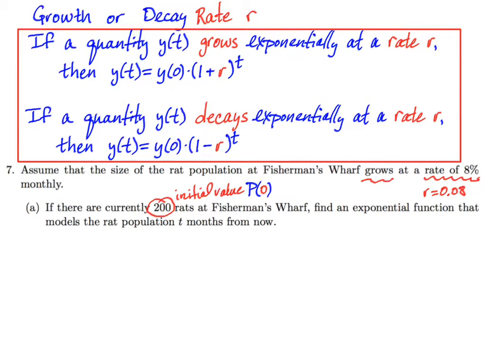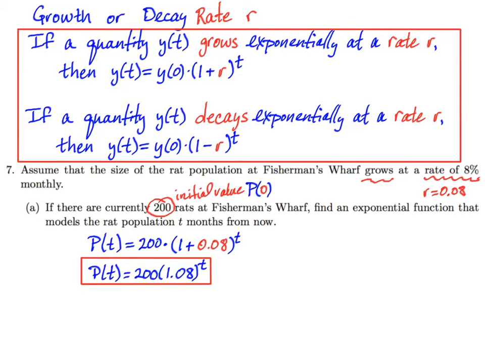So 8% is 0.08. So we can write down P of t is equal to the initial population, 200, times 1 plus that growth rate, 1 plus 0.08 raised to the t. And I can simplify it just a little bit and call it 200 times 1.08 to the t.